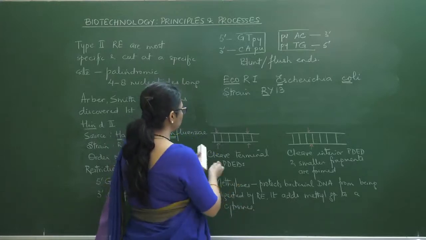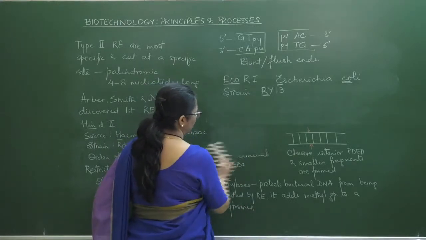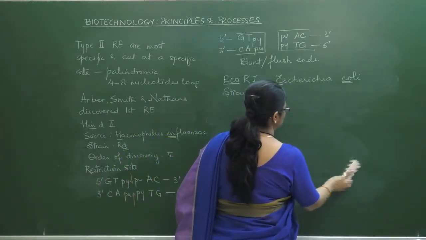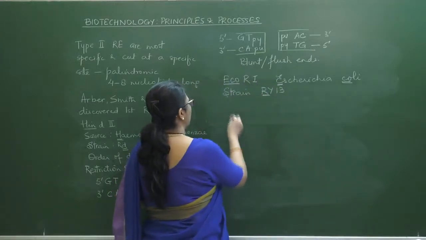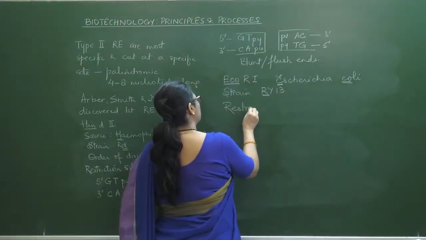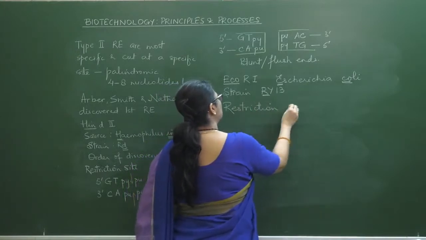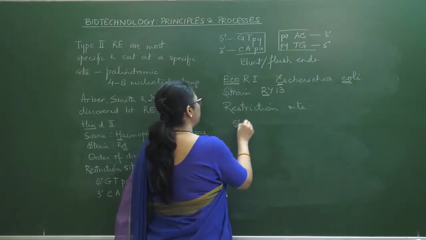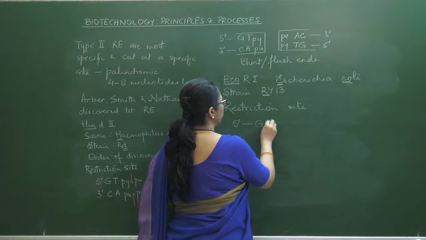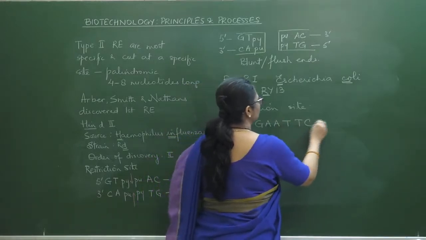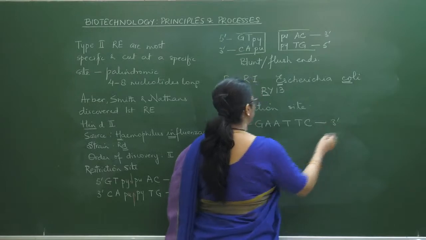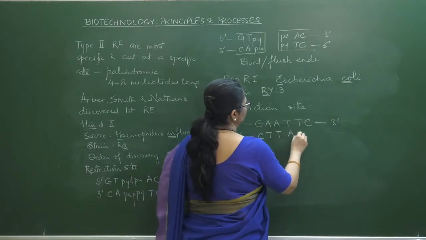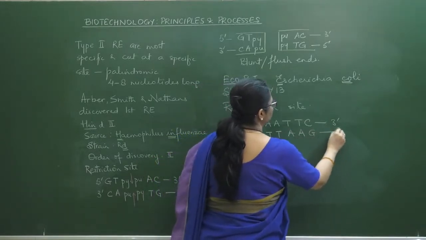So here the restriction site is 5' GAATTC 3', and here this would be CTTAAG 5'.